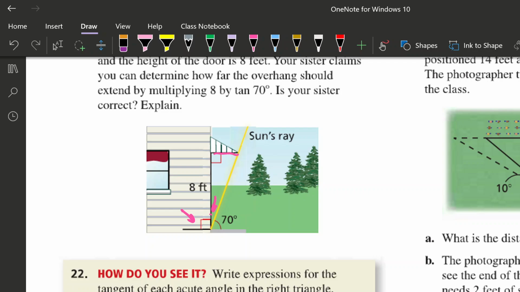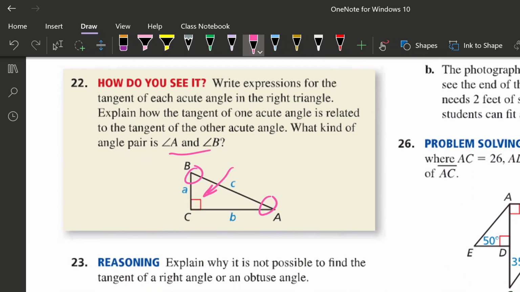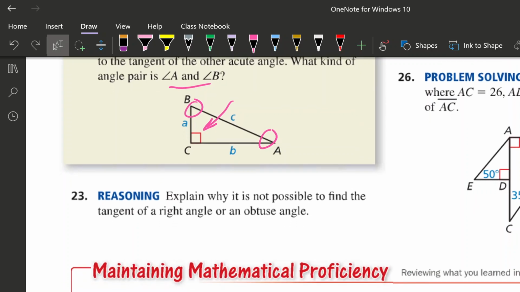So set up your angles, explain how they're related to each other, what kind of angle pair is A and B. Again, what do these angles add up to? Since we know this is a 90, we've talked about this. This is a rule earlier in the class. And then the last thing you've got to do here is our special right triangles, 45, 45, 90, and a couple 30, 60, 90s. That information has been presented to you before.